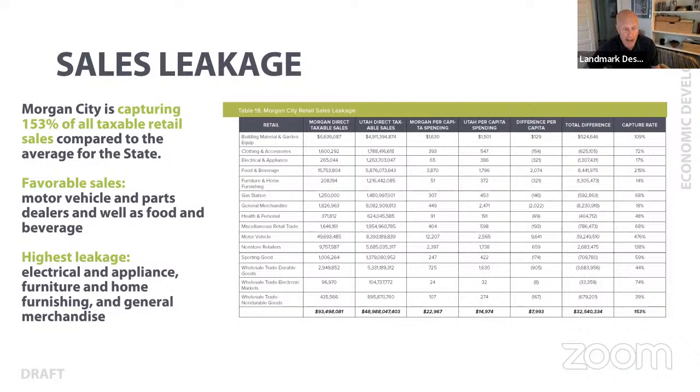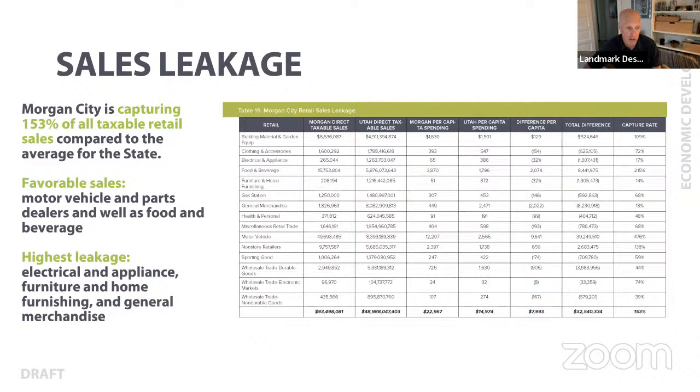From an economic development point of view, you're doing pretty well here, particularly with your motor vehicle sales and food and beverage, which is probably an indication again of people stopping in the community, not just those who live here buying those goods and services, but people coming from outside of the area.